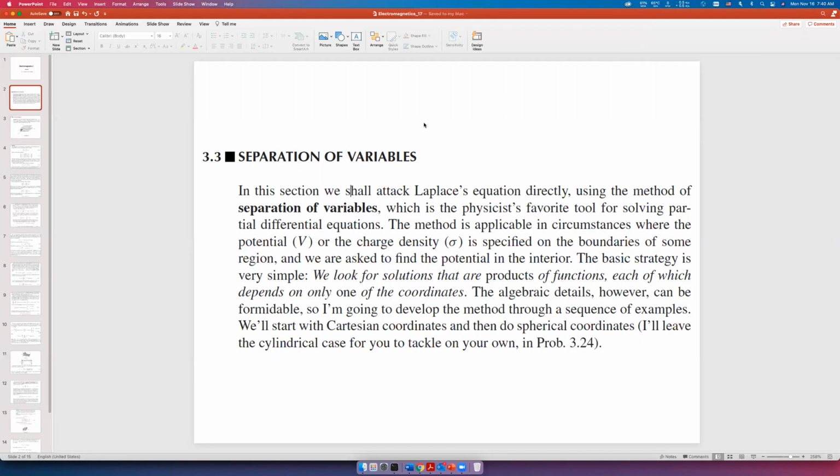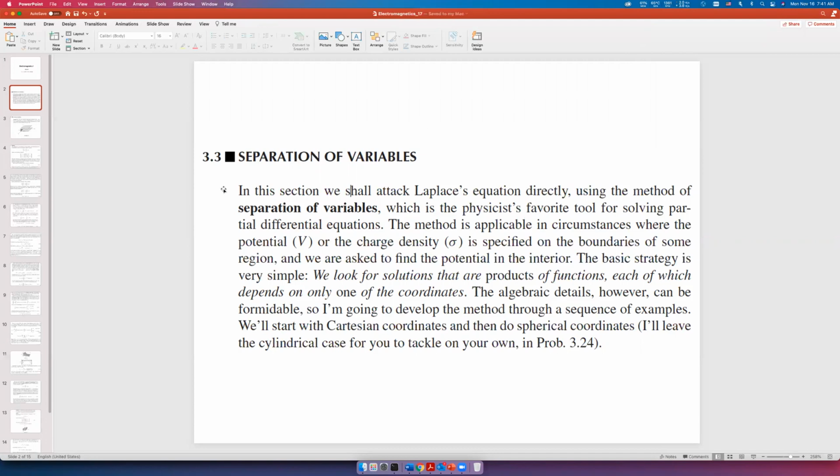But here we will go through some of the basic ideas of the separation of variables. For detailed things, you need to read all of those examples in section 3.3.